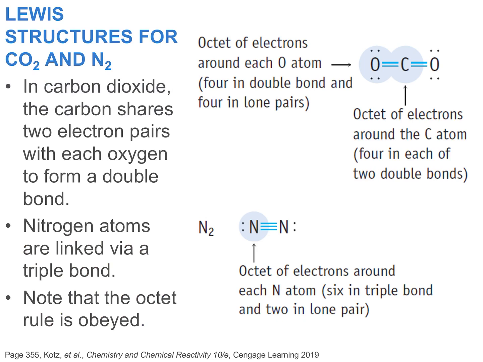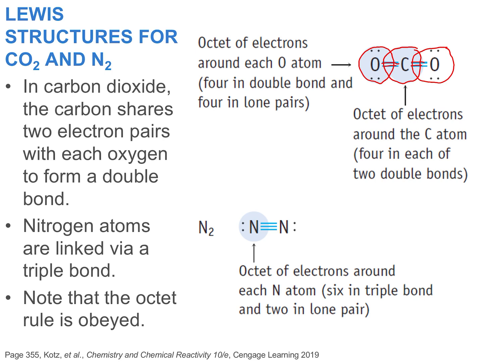We can also write Lewis structures for carbon dioxide and nitrogen. In carbon dioxide, we have a double bond, so we have 2 pairs, or 4 electrons, being shared. This fulfills the octet rule. If I draw a little circle around the oxygen, and another circle around the carbon like this, where my circles overlap, that's where the electrons are shared.